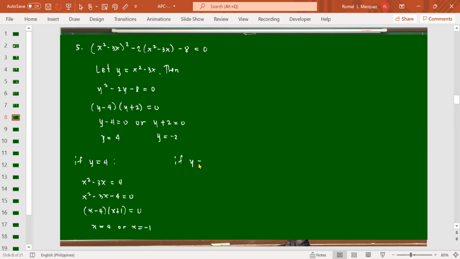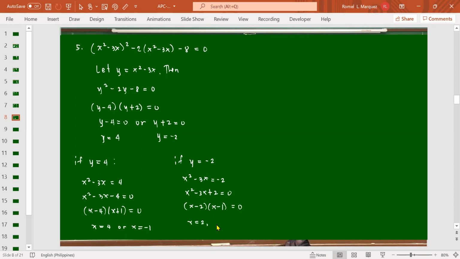If y equals negative 2, we have x squared minus 3x equals negative 2. x squared minus 3x plus 2 is equal to 0. This is (x minus 2)(x minus 1) equal to 0. So that's the factor for the left side.